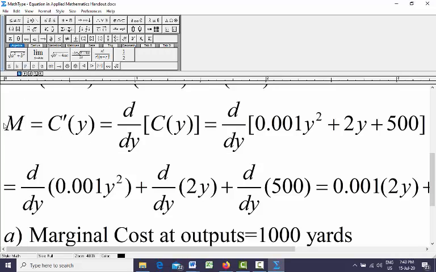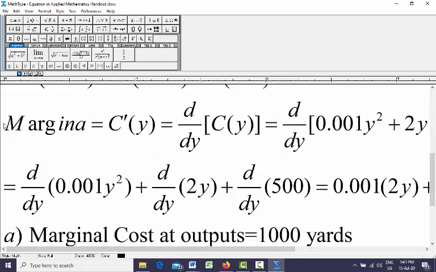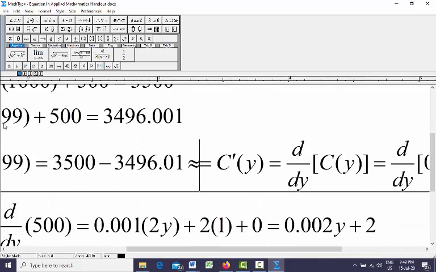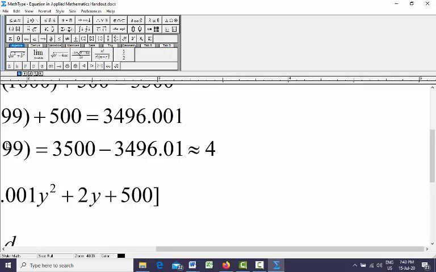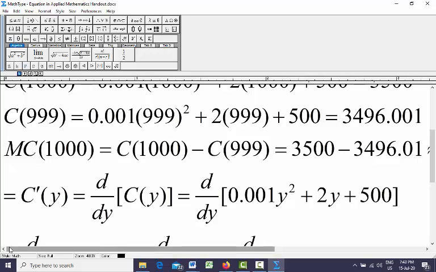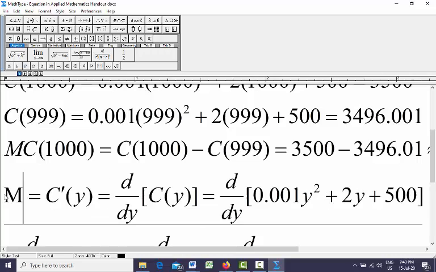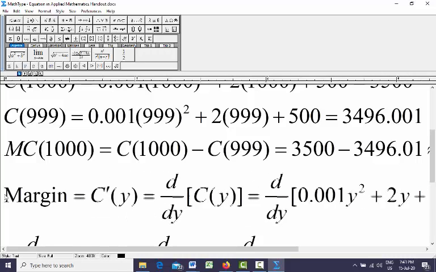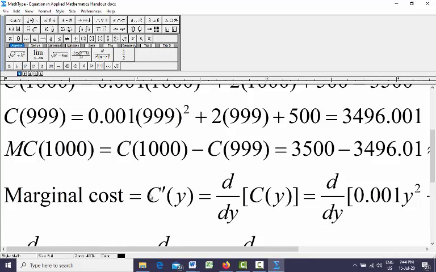The marginal cost of producing the yth unit can be written as C prime y.